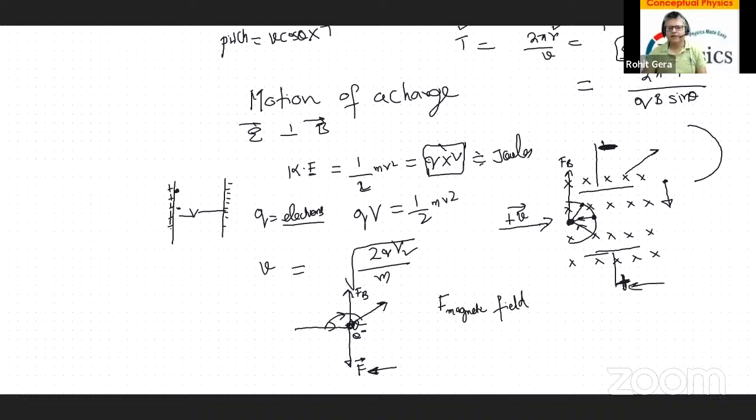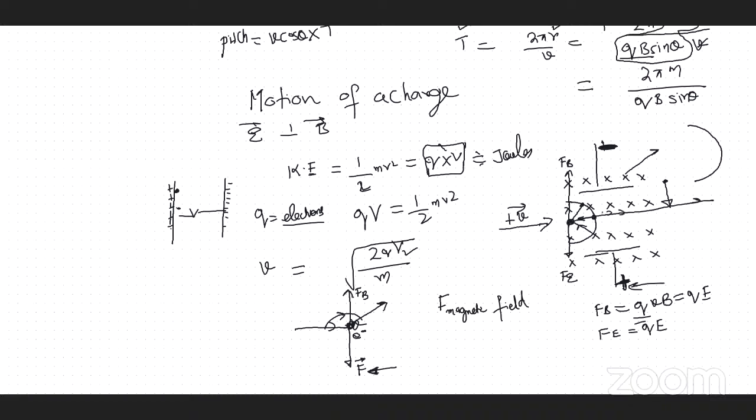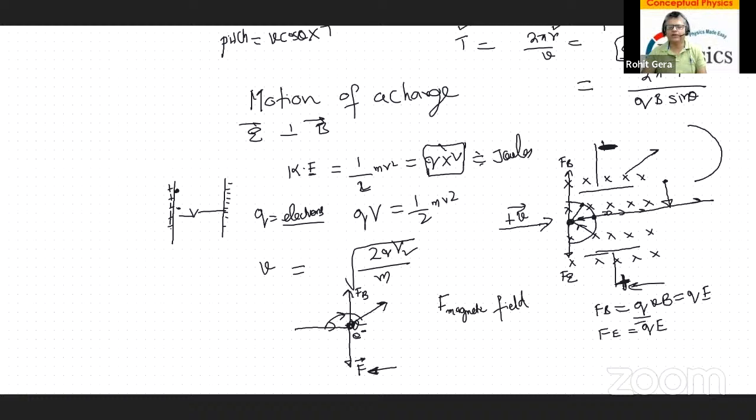So if this is the F electric, if everywhere I do this adjustment that FB, which is qvB, and FE, which is qE, and q is the charge on the electron, if these two become equal, then the electron will go out undeflected, because the net force is upward and downward only. So it will go straight.